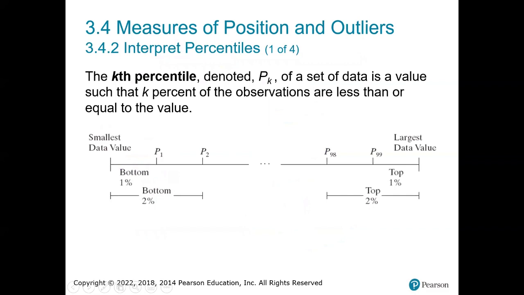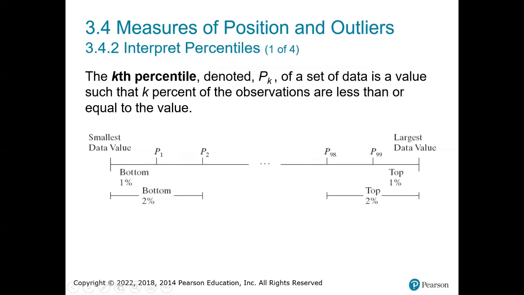All right, so the next thing we talk about here is percentiles. The kth percentile, notated Pk, of a data set is telling me what percent happens below that value.